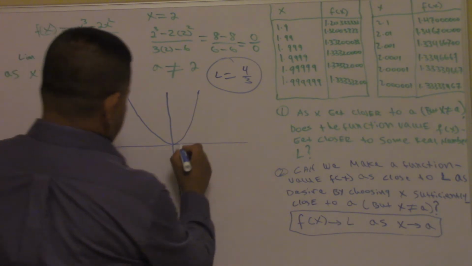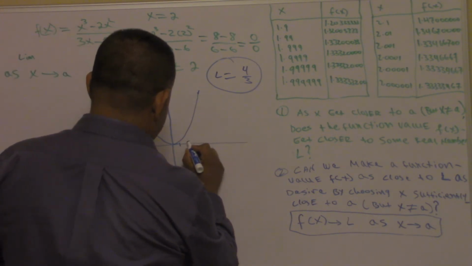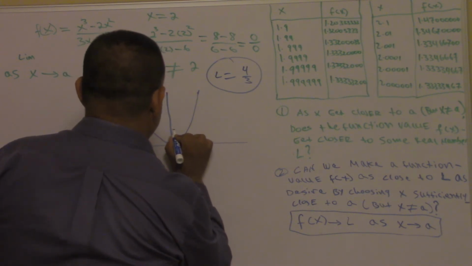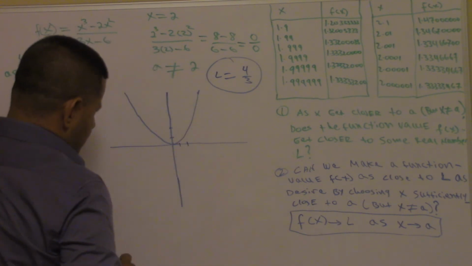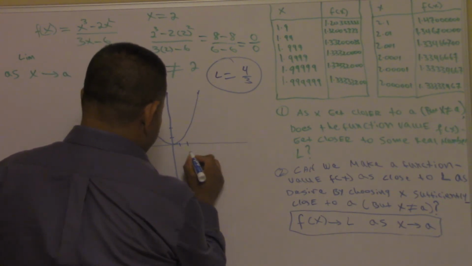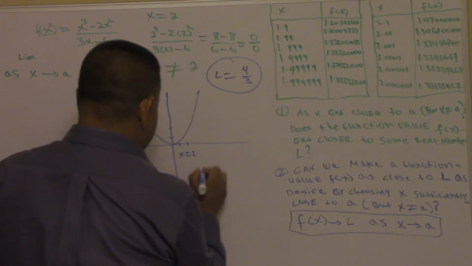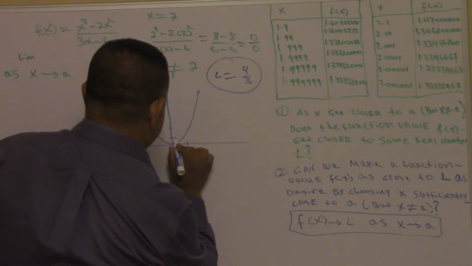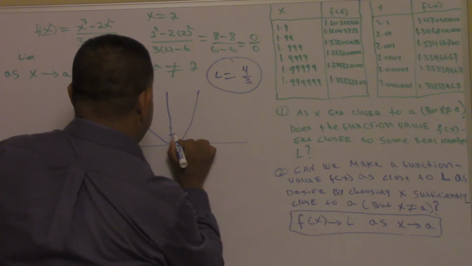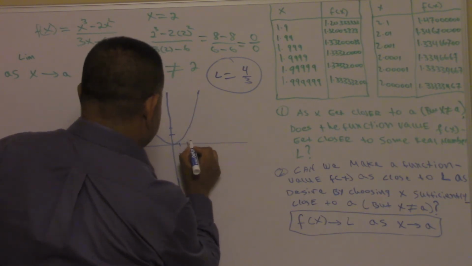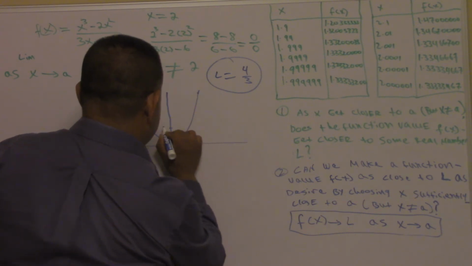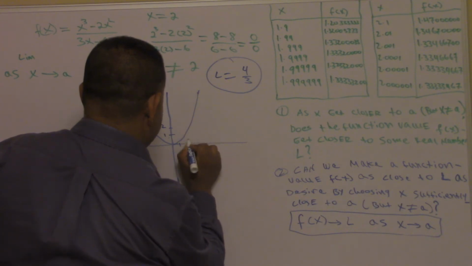Okay, so I got it 1, 2. At x equal 2, let me just move this a little bit up. At x equal 2, this is 1, this is 2.